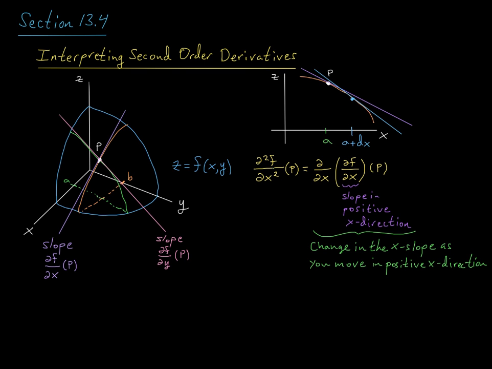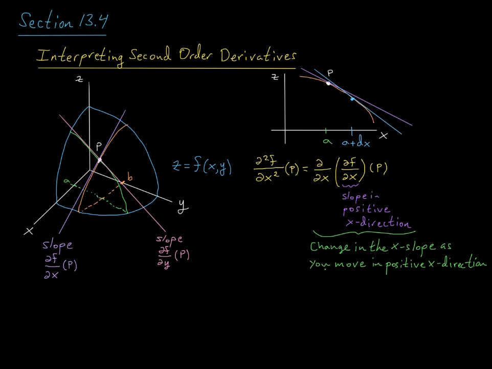And we define the xx derivative of f to be the x derivative of the x derivative of f. Now here's the deal: partial f partial x, as we said over here, is just telling us the slope of our surface in the positive x direction. And now what are we doing to that thing? Well, we're taking its x derivative.